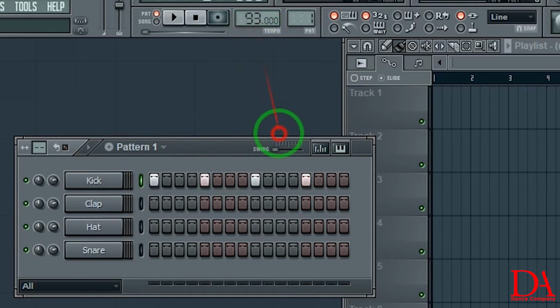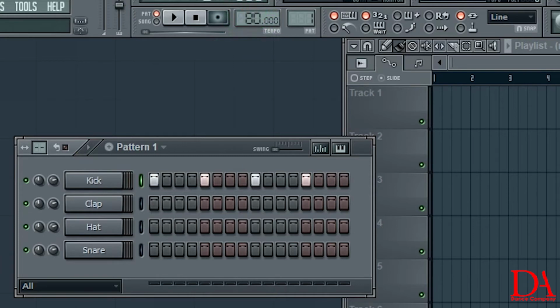If I slow down to 60, then you will hear one beat every 1 second. 3, 4, 5, 6, 7, 8, and so on. So let's go a little bit faster.